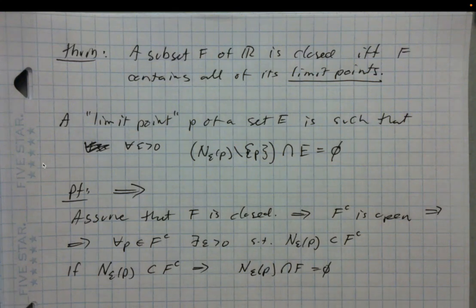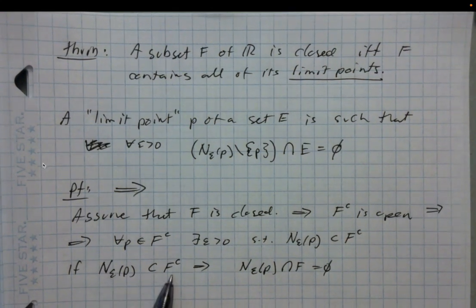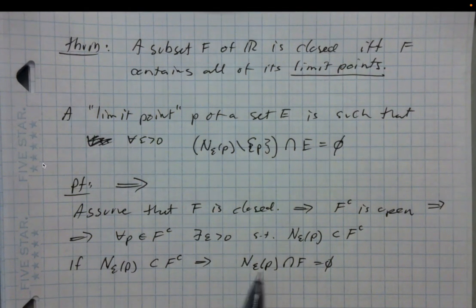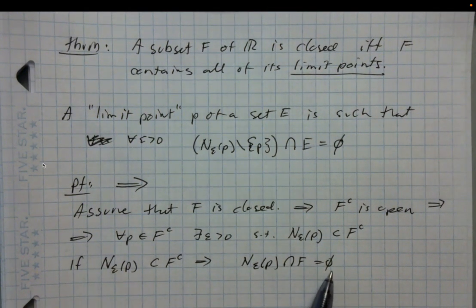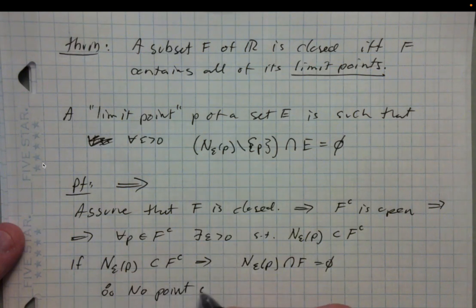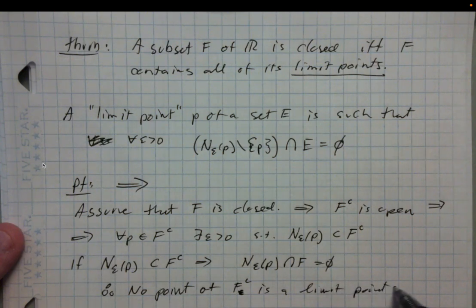If this epsilon neighborhood is inside of F complement, which is basically not F, then it follows that the intersection of the epsilon neighborhood and F would be empty. Therefore, no point of F complement is a limit point of F. Which implies, what does that imply?